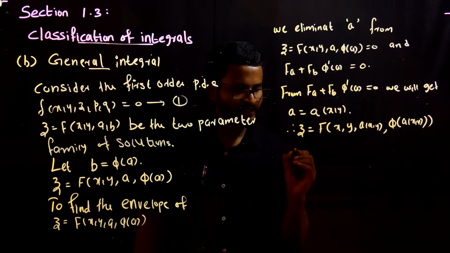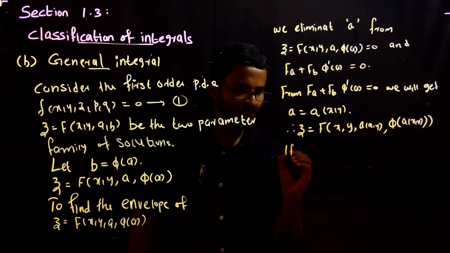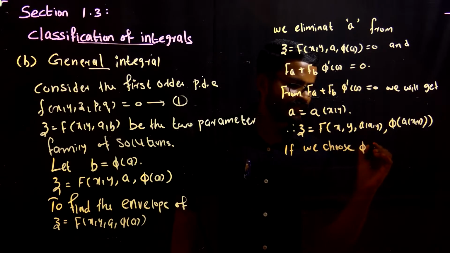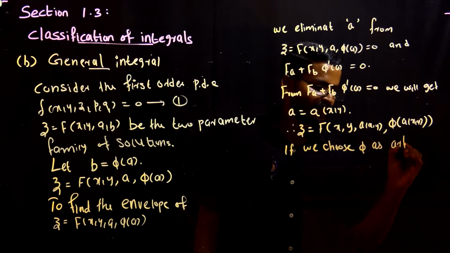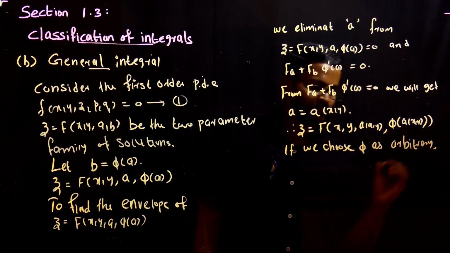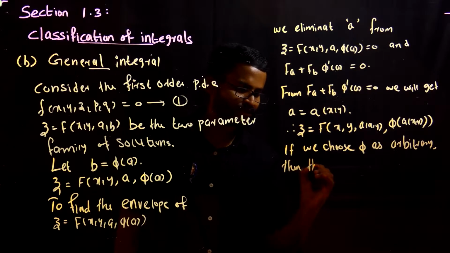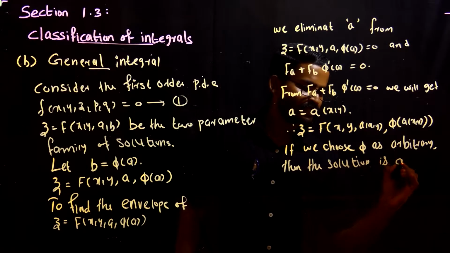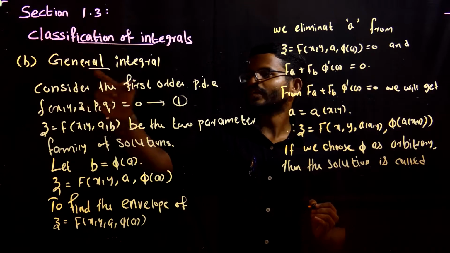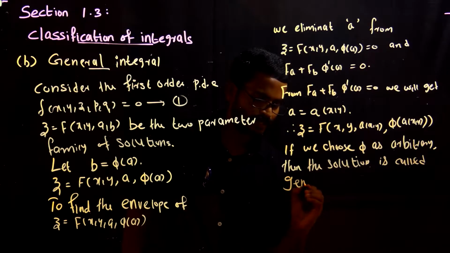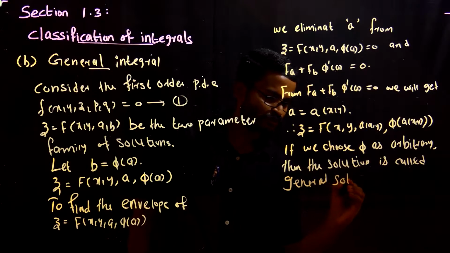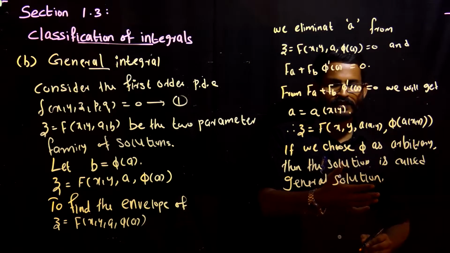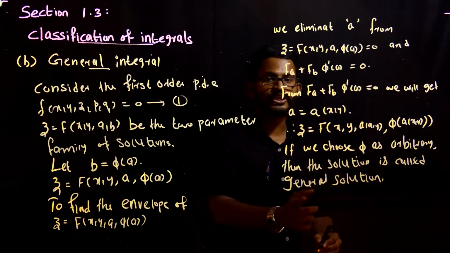And what is this phi? Phi is a function. If we choose phi as arbitrary, then this solution is called the general solution.